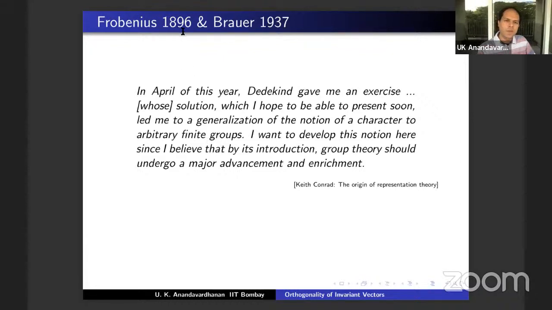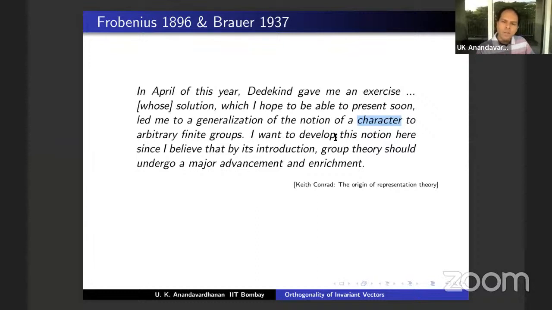Paper is from 1896, and he says, in April of this year, Dedekind gave me an exercise whose solution, which I hope to be able to present soon, led me to a generalization of the notion of a character. So this notion here is the notion that I introduced in the very first slide. So here character just means it's a homomorphism valued in C star. Okay, so notion of a character to arbitrary finite groups.